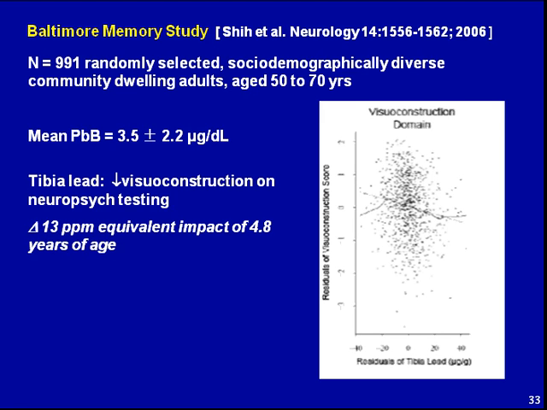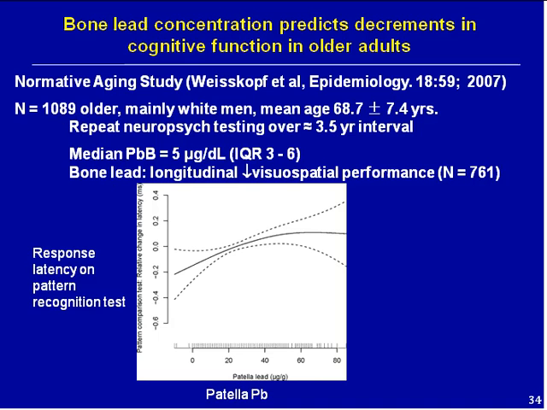I mean, if you take a person who is 75 and compare them to someone who is 80 in terms of the risk of decline of cognitive function, it's substantial. So if you have a risk factor such as lead, which is associated with these magnitudes of impact on cognitive function in an aging group, it suggests that this has the potential to have a significant public health impact.